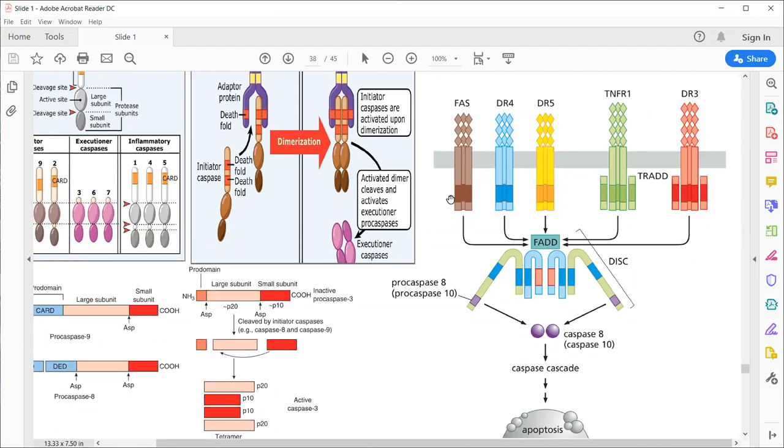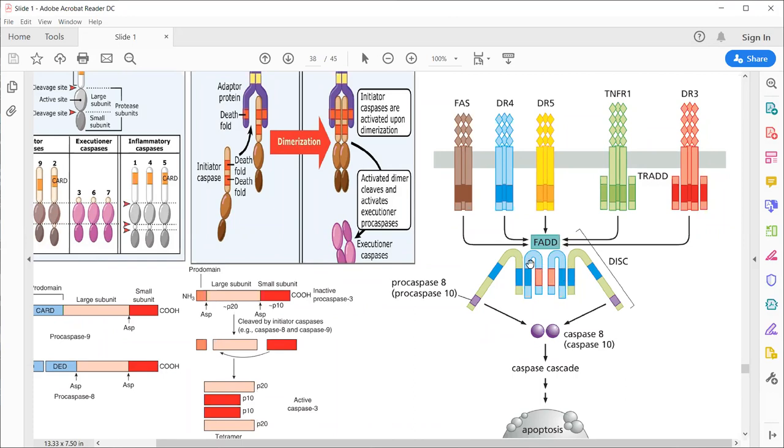Here the example of the FAS receptor and FAS ligand is shown, and hence the adapter is known as FADD, FAS associated death domain. This FADD associates with the adapter molecules via the death domain of the adapter molecules.